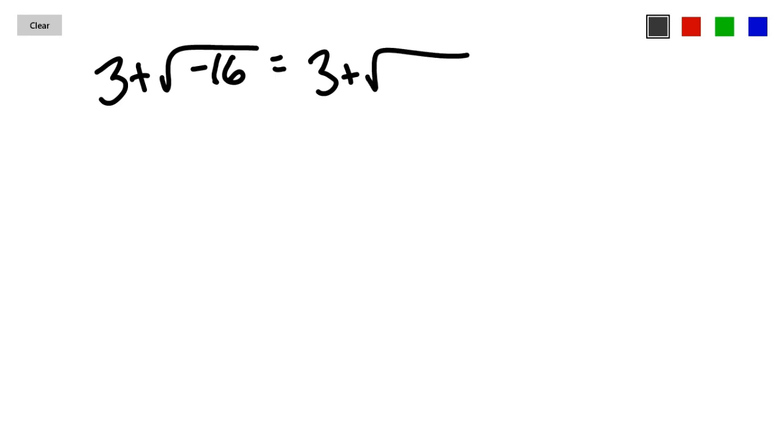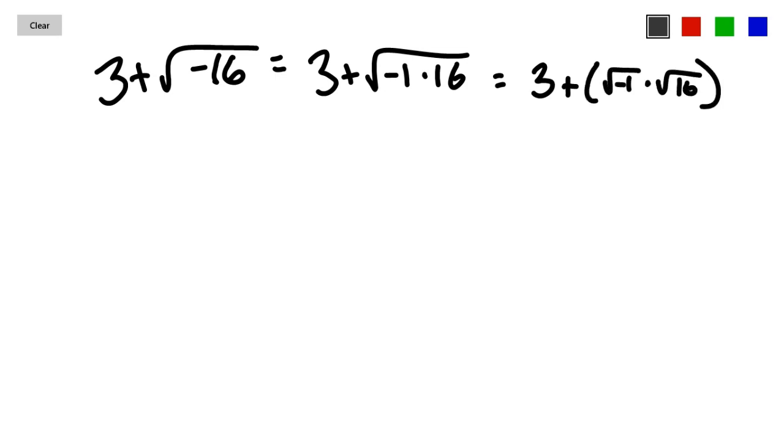Let's say that I had 3 plus the square root of -16. I can rewrite what's inside of the root as a product of -1 and 16, because if I multiply these two together, I just get -16 back. I'm going to use the rule that I can split this up into separate radicals.